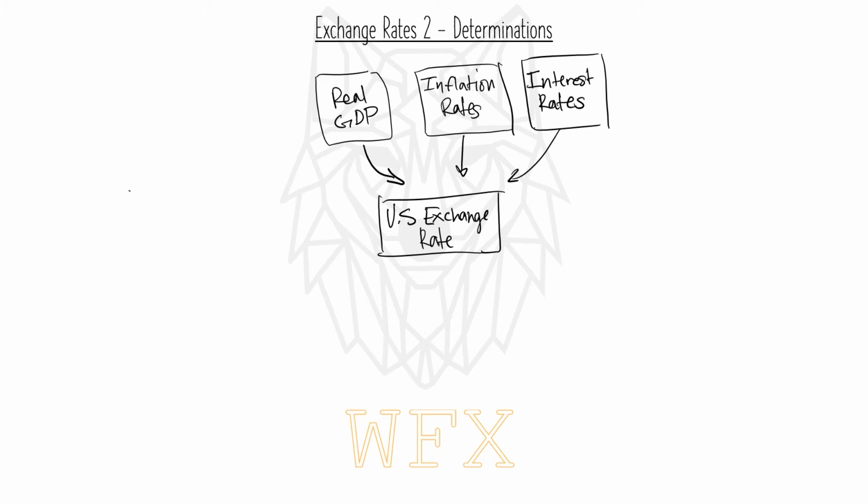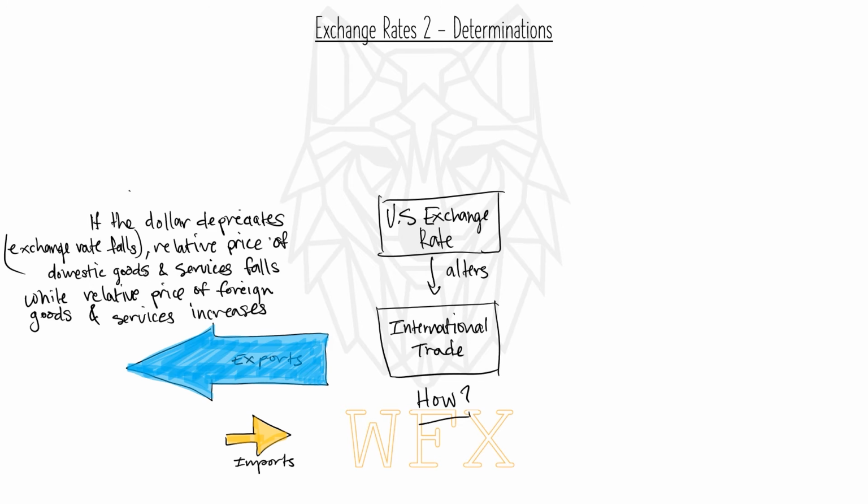These three factors will in turn cause movements within the exchange rate, and movements in the exchange rates alter the international price of goods and services. If the dollar depreciates, the relative price of domestic goods and services falls, while the relative price of foreign goods and services increases.